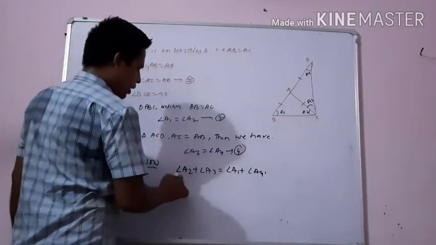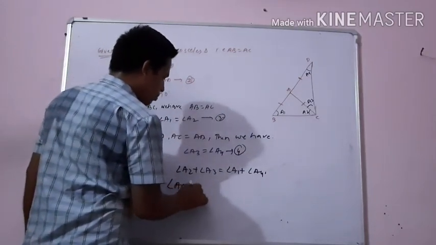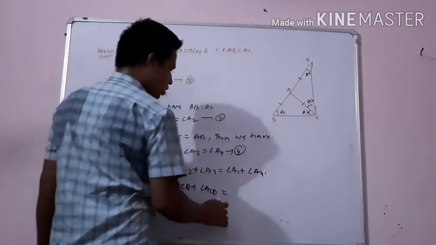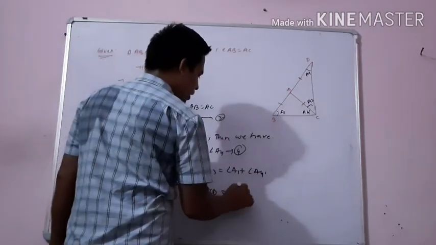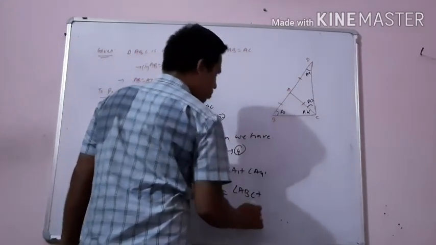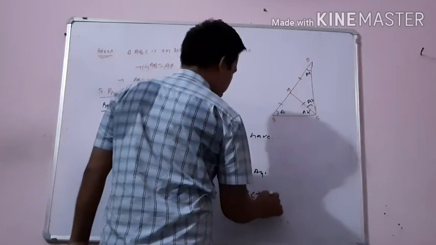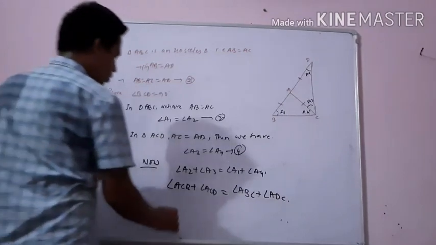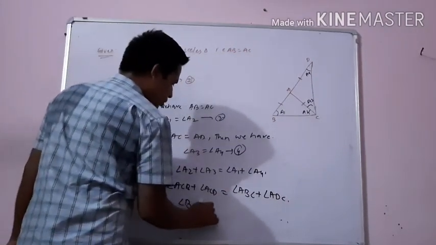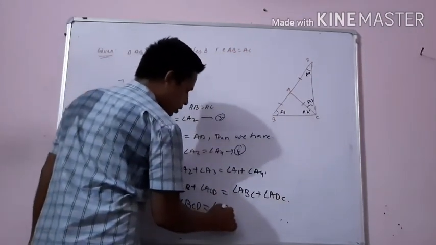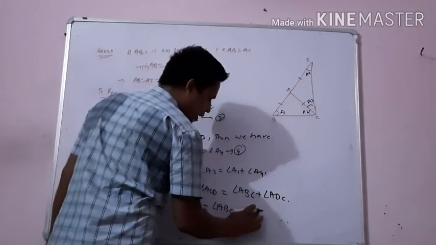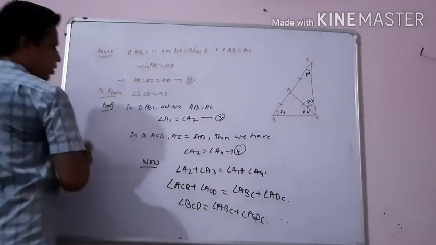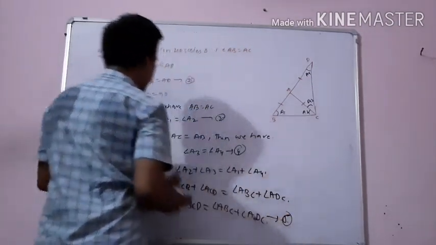Angle ACB, plus A3 which is angle ACD, equals angle A1 which is angle ABC, plus angle A4 which is ADC. So ACB plus ACD will give angle BCD. BCD equals angle ABC plus angle ADC. Consider this as point number 5.